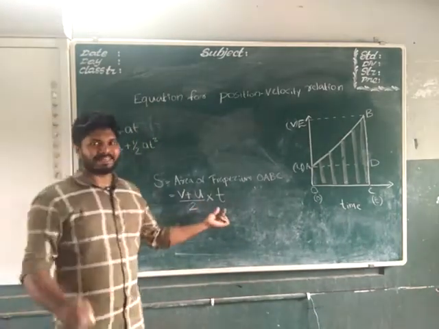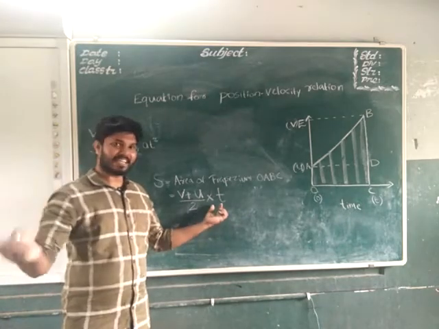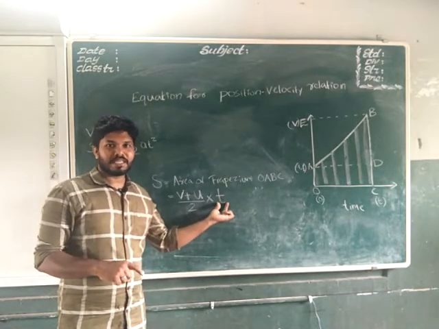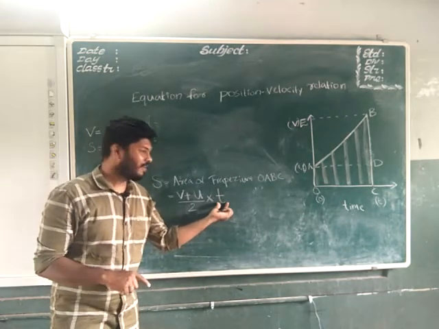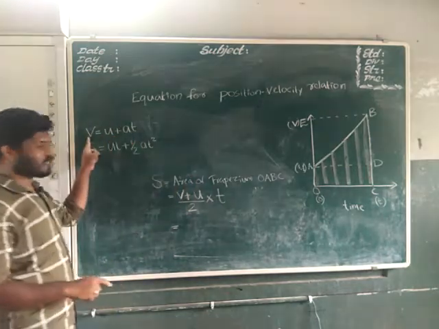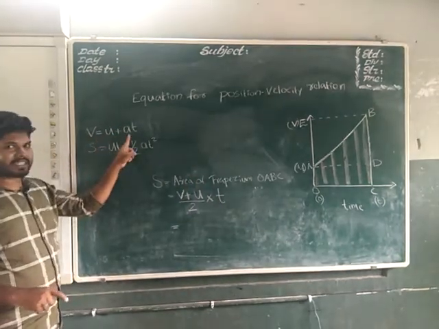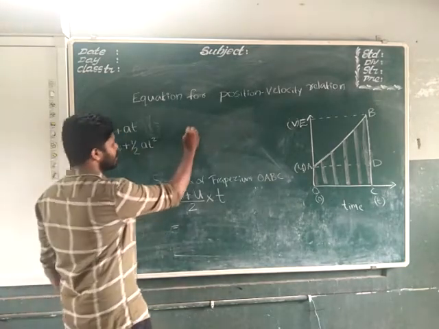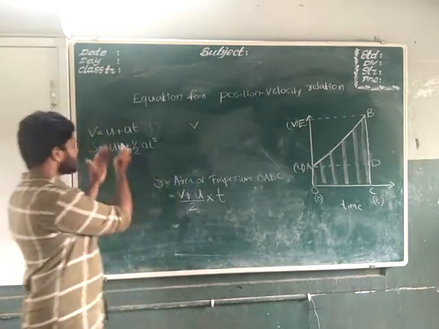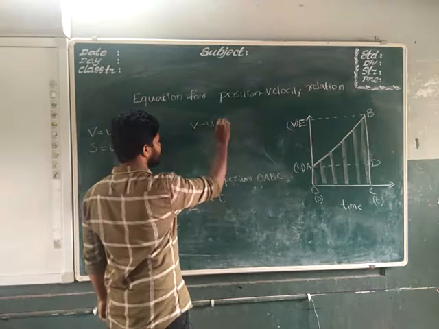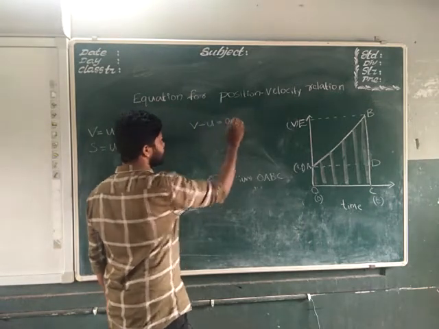Now again we are going to the first equation. In the last case also we went to the first equation. We are substituting a value for t, and this value of t is found from the first equation. See, the first equation is v equal to u plus at. From here we have to find the value of t. First, let's take this u to the other side. So it becomes v minus u equal to at, isn't it?